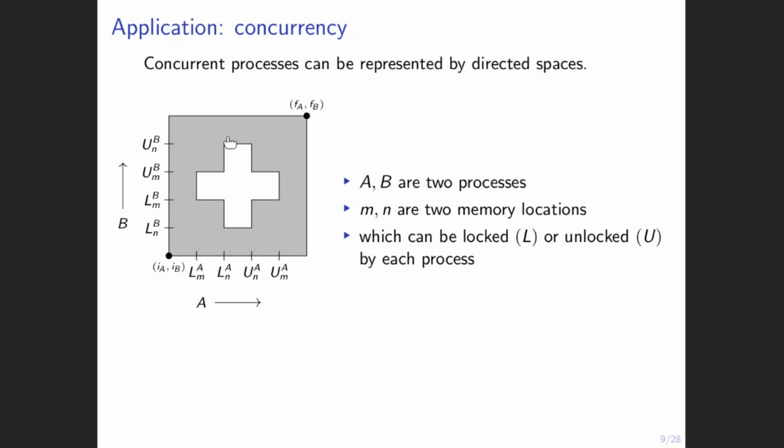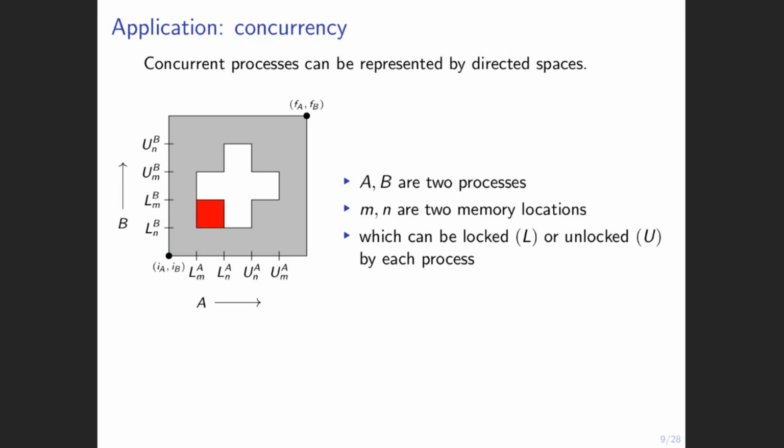But it also gets a direction because if we're thinking about traces of execution, the paths that we're interested in through this space can only go either to the right or up. So we can't have traces of execution that go like this, for example. So these allowed traces of execution give our space the structure of a directed topological space.